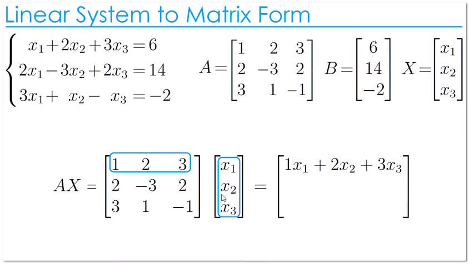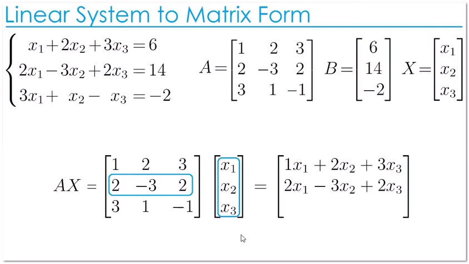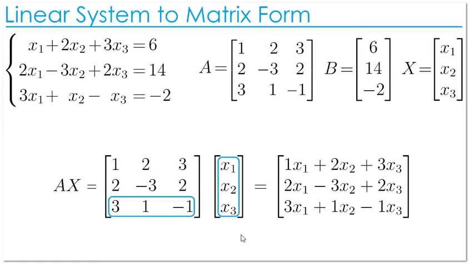And do this with the second row. Do the same. We have 2x sub 1 minus 3x sub 2 plus 2x sub 3. And also for the third row, we have 3x sub 1 plus 1 times x sub 2 minus 1 times x sub 3.